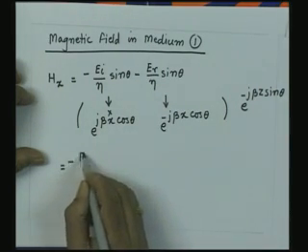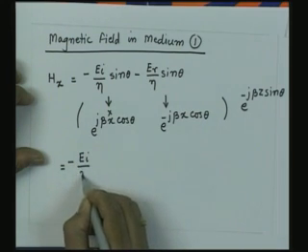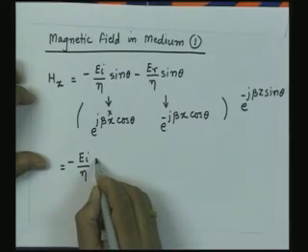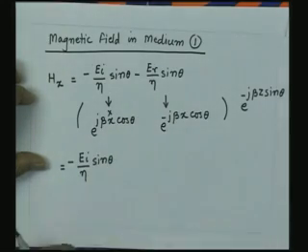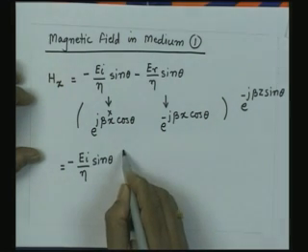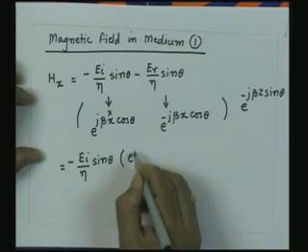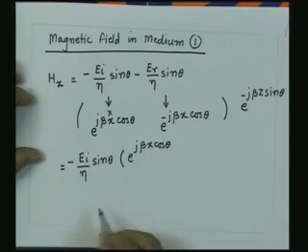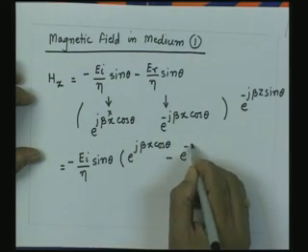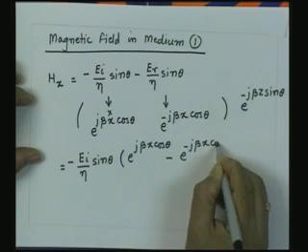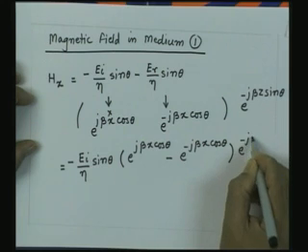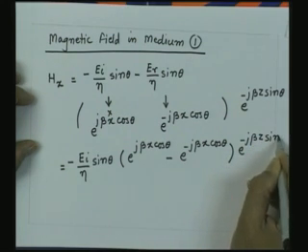So, that is minus E_I upon eta sin theta, I can take sine of theta common, multiplied by e to the power j beta x cos theta minus e to the power minus j beta x cos theta, times e to the power minus j beta z sin theta.